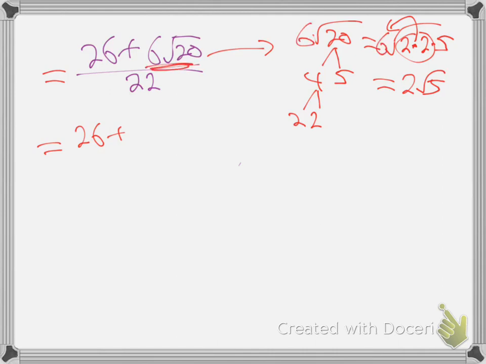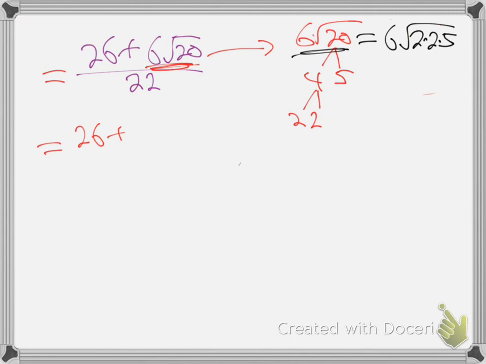I'm sorry, I'm not doing this very well. This problem is just a little bit longer than I expected, honestly. I tried to whip it out quick. So 6 root 20, there's a 6 on the outside, 2 2's and a 5 on the inside, right? 2 2's in, come out and hit the 6 that's out there to make 12 root 5.